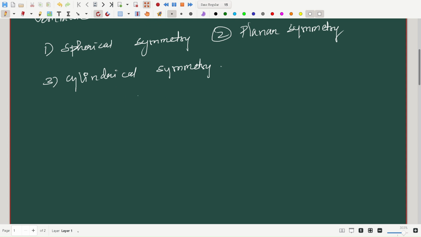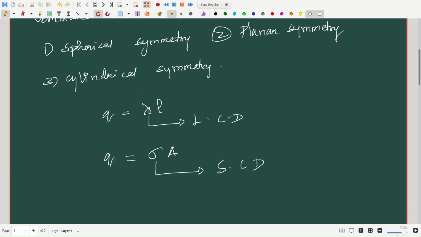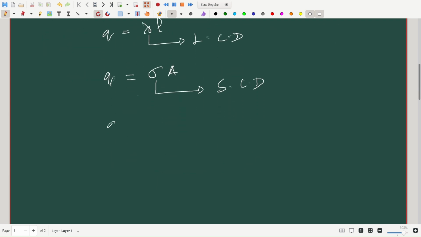In the previous video, we saw three types of charge distributions. That is the linear charge distribution, where the charge is given by Q is equal to lambda L, where lambda is the linear charge density. The second one was surface charge distribution, where the charge was denoted by Q is equal to sigma into A, where sigma is the surface charge density.